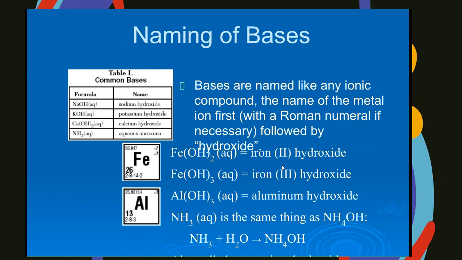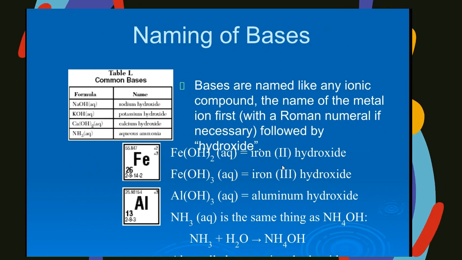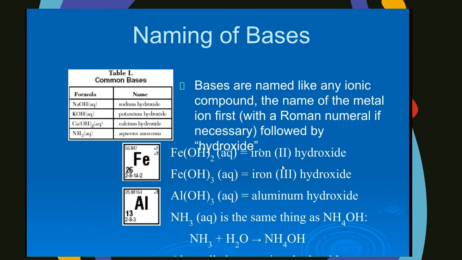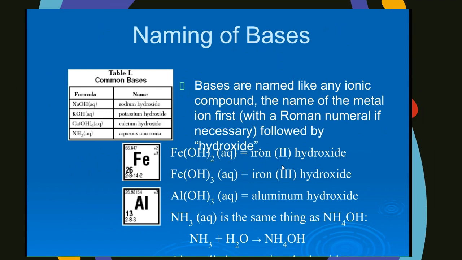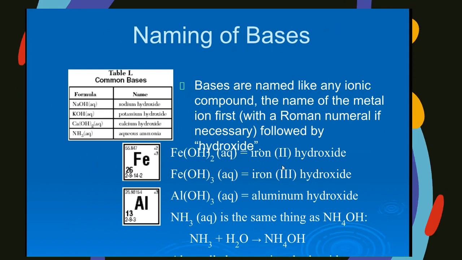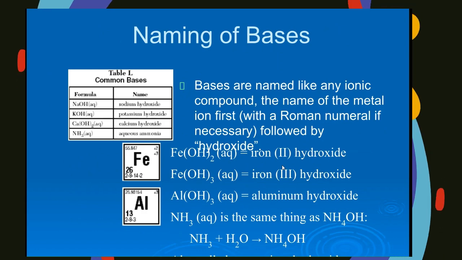So iron(II) hydroxide. Then Fe(OH)3 aqueous, you will write iron(III) hydroxide. Now Al(OH)3, aluminum hydroxide. You will write the same way for NH4OH also.